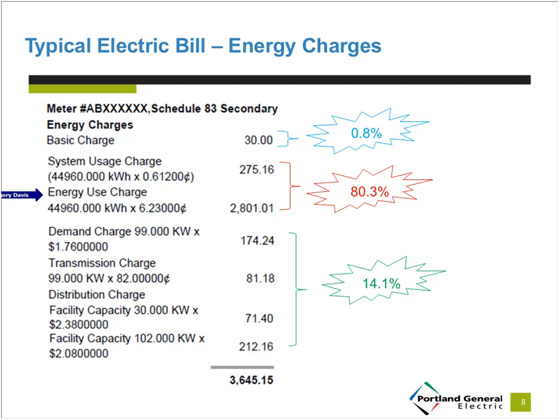And as you can see, this is about 80% of the total bill. There's a basic charge that everybody gets, and then you can see all the demand charges, transmission charges, and things like that, which account for about 14% of the bill.